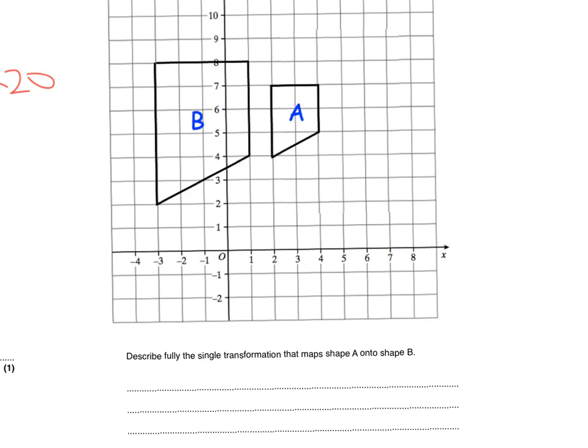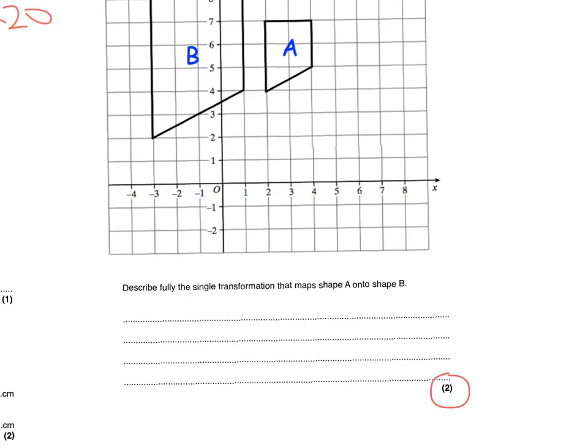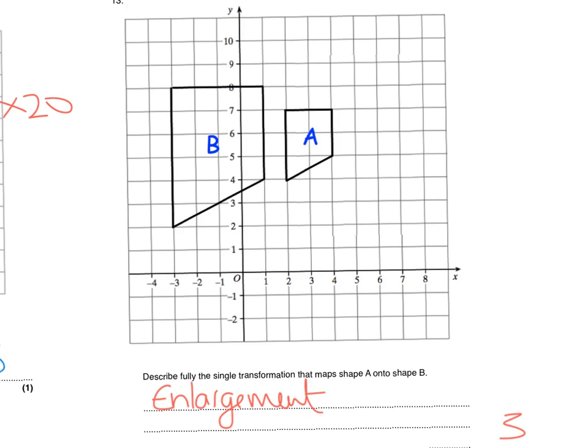And finally, describe fully the single transformation that maps shape A onto shape B. The first point is going to be worth 2, it says, but in a test it's going to be worth 3. Your first mark is for actually just saying the phrase enlargement. Then what you have to do, now this isn't going to be that accurate because these lines aren't great on this app, but you draw a line going from one corner through the corresponding corner on the same shape.